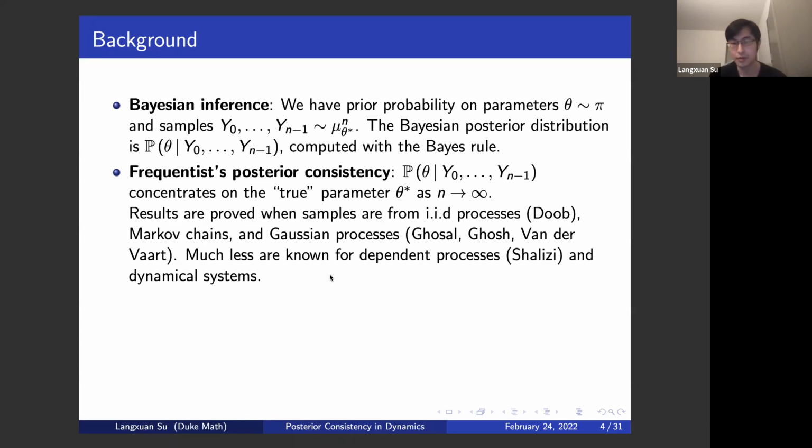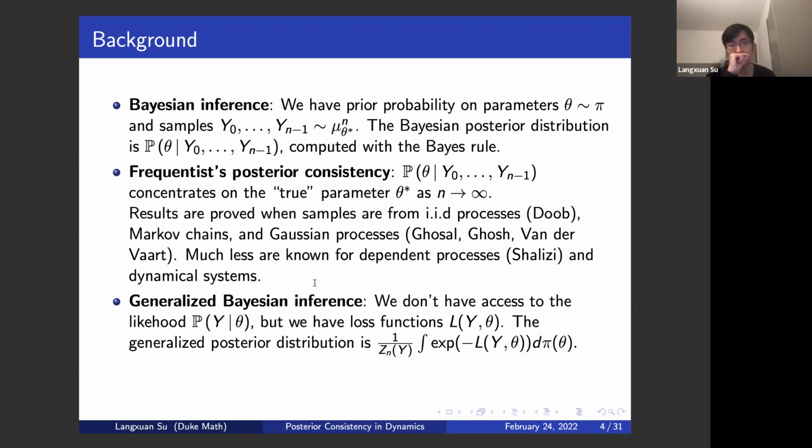And okay, so in this work, we also consider something called generalized Bayesian inference, which means that sometimes we don't have access to the likelihood because we don't know what the true data generating process is when you have a parameter, and you don't know how to calculate the likelihood. But sometimes we still have the loss function, right? So we can measure the loss, maybe the distance, something like that.